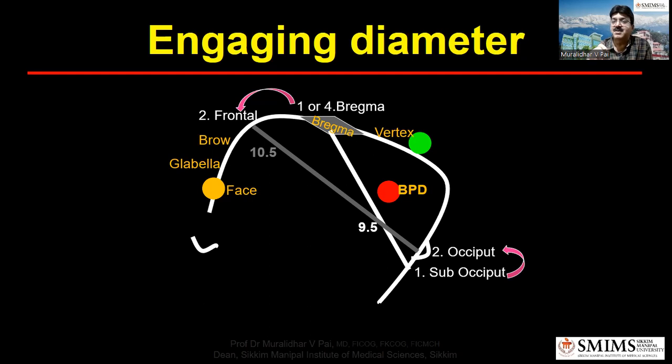In the suboccipitobregmatic diameter, which is 9.5 centimeters, the head is fully flexed and it is easy. Whereas when it is occipitofrontal, the head is just deflexed and that is not easy. Anything that has to deliver has to be less than 10 centimeters. Just remember this. Only then it can negotiate.